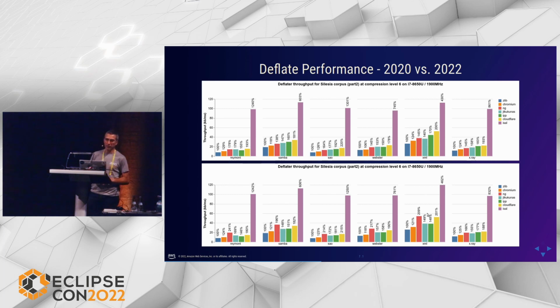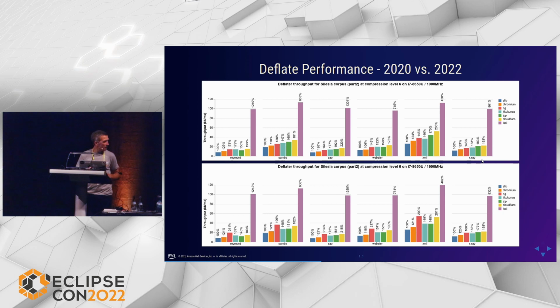And they have achieved quite good performance improvements. So this is a benchmark which shows the throughput of Inflate in kilobytes per millisecond for various files of the Silesia corpus. The Silesia corpus is just an example text corpus which is used to benchmark compression algorithms.